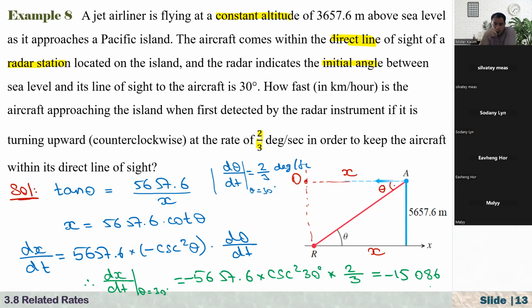Okay, I have to change this. How fast in kilometers per hour?